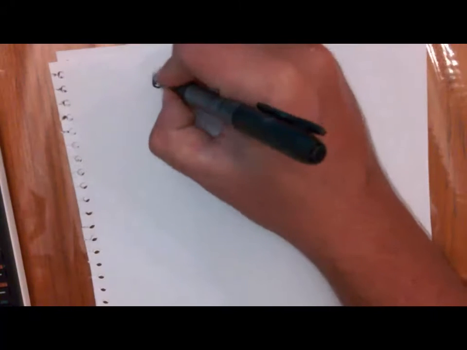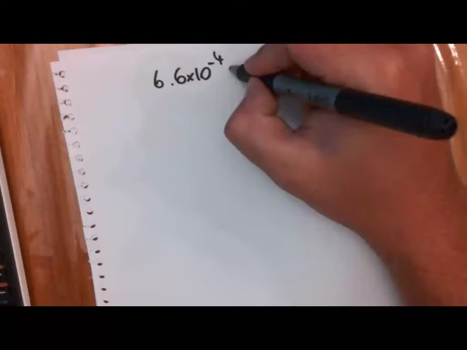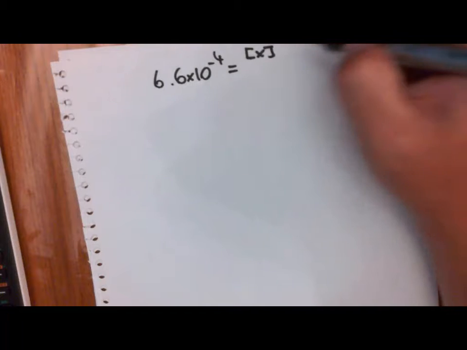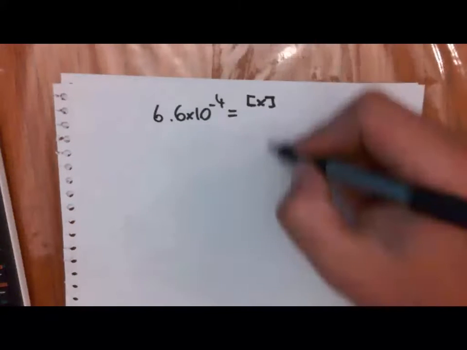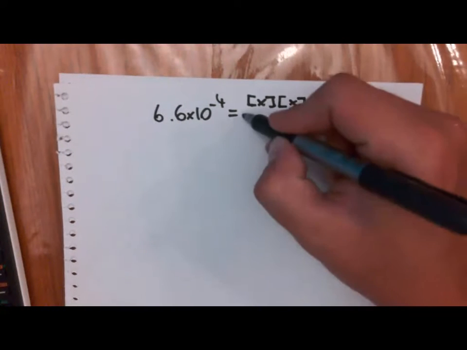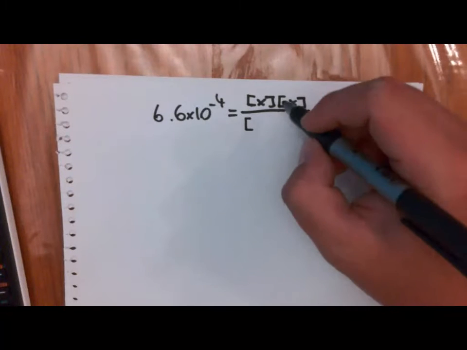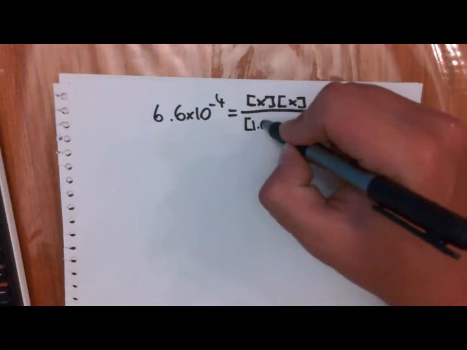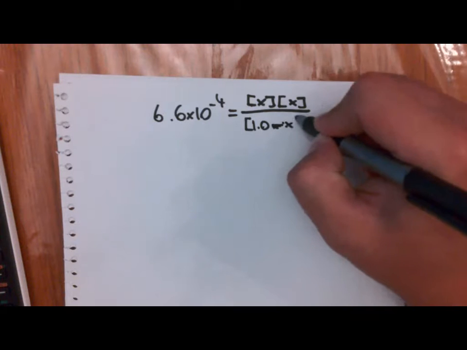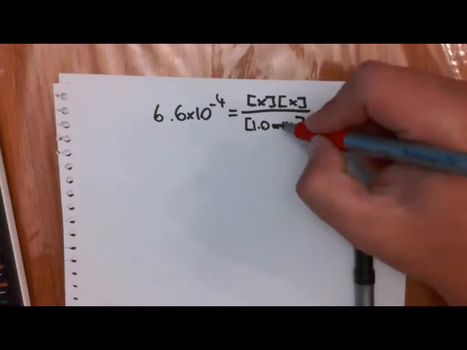So 6.6 times 10 to the negative 4 is going to equal X, which is our concentration of H plus, times the concentration X as well for our concentration of F minus, all over our concentration of HF, which is going to be 1.0 minus X. But we are eliminating this X value, so we're no longer going to use it.